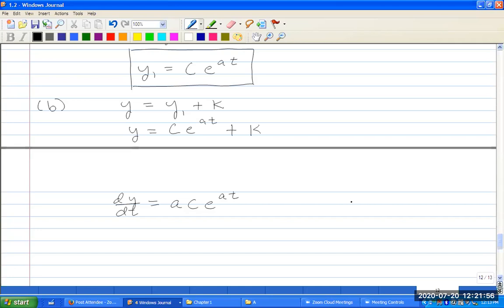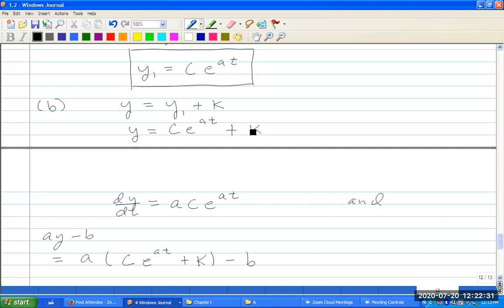Next, let's look at the right-hand side of my differential equation, which was just ay minus b. So this is a times y, c e to the at plus k, minus b. So I just replace y here by this.